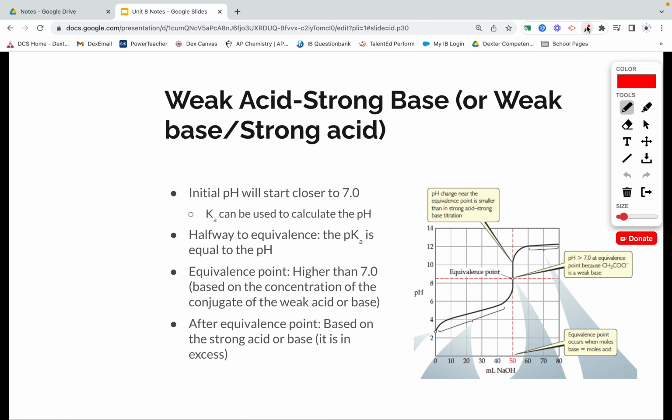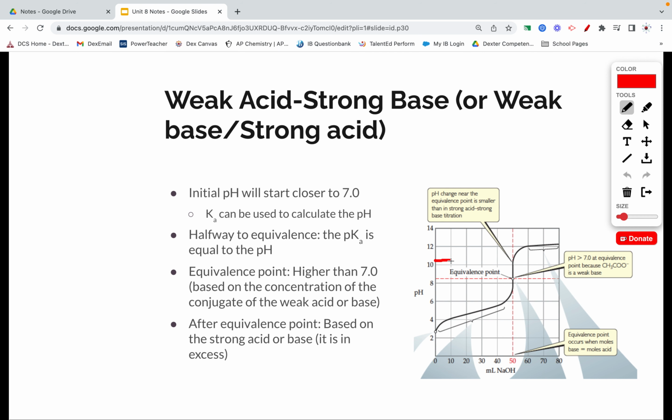Now, if we started with a weak base, strong acid, we would take that reaction and just reverse it. We start off with our subtle curve change, and it wouldn't be as high as 12, it would be a little closer to 10.